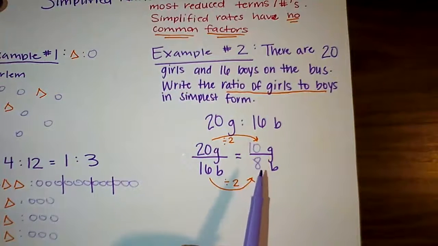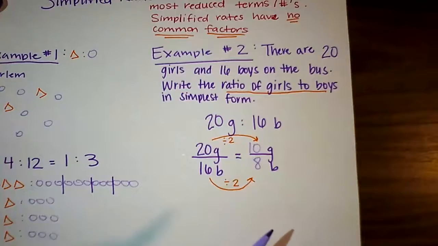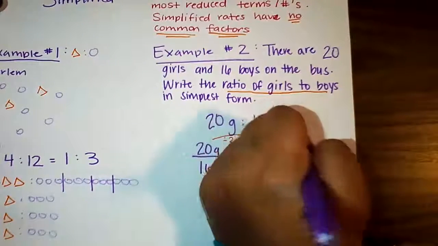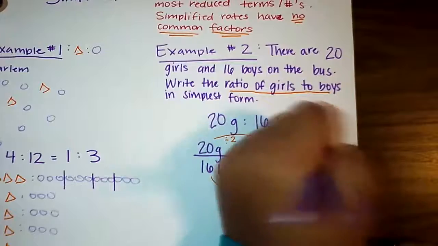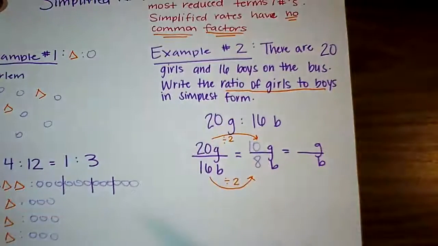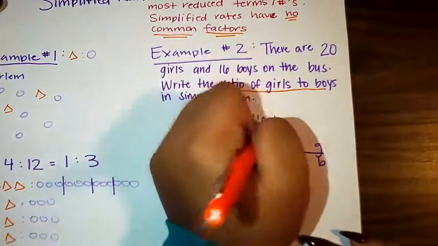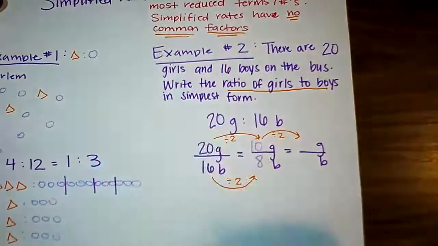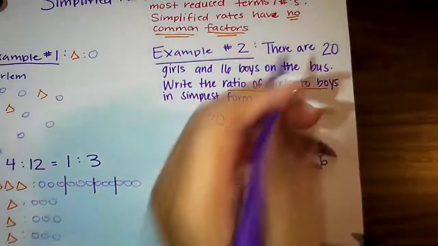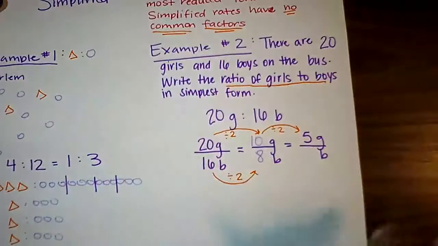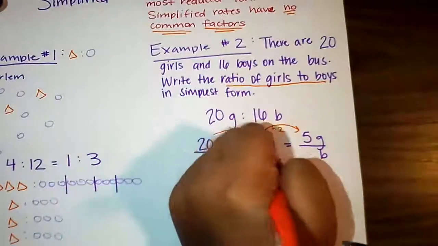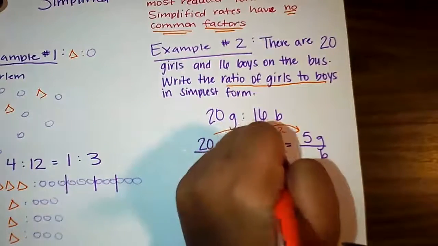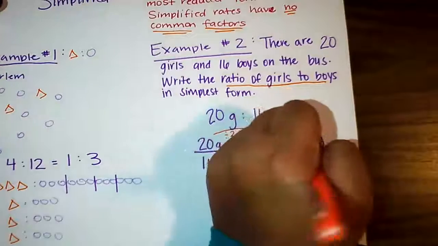But 10 and 8 are still both even, so I think I can keep simplifying. I'm going to try and simplify again. I know that 10 and 8 are both even, so I'm going to divide by 2 again. 10 divided by 2 gives me 5. 8 divided by 2 gives me 4.